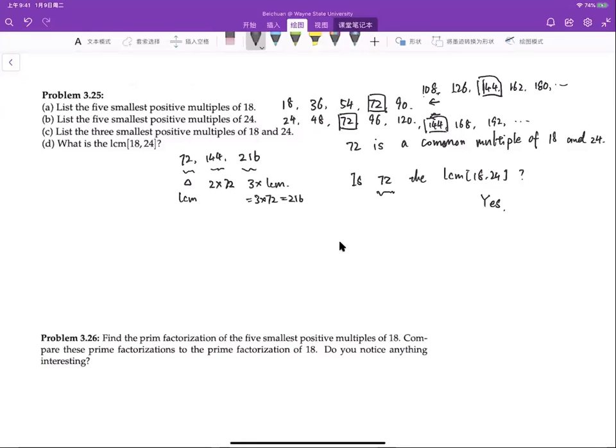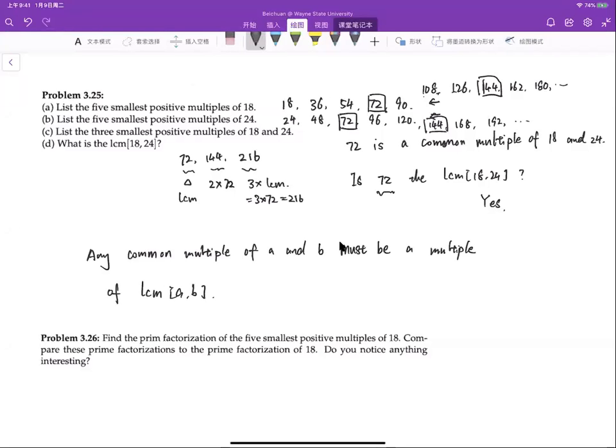So here, let me write down the observation. Any common multiple of the two numbers must be a multiple of the LCM of the two numbers.